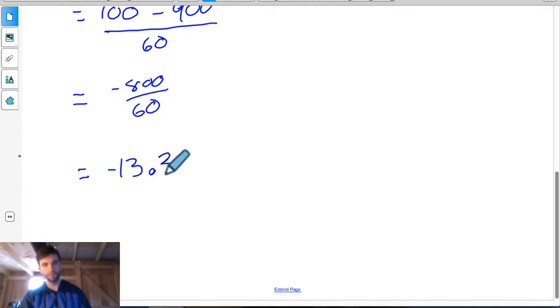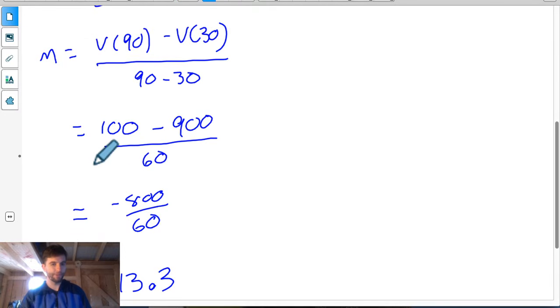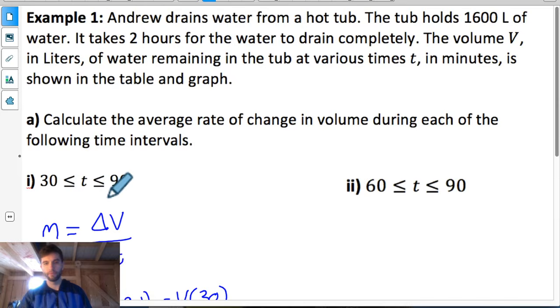And we should figure out what units were in here. So graphically we figured out the slope of the line is negative 13.3 over 1. Rise negative 13.3, so that means go down 13.3 over 1. That's the slope of this line. What we want to do is figure out the units we are in.